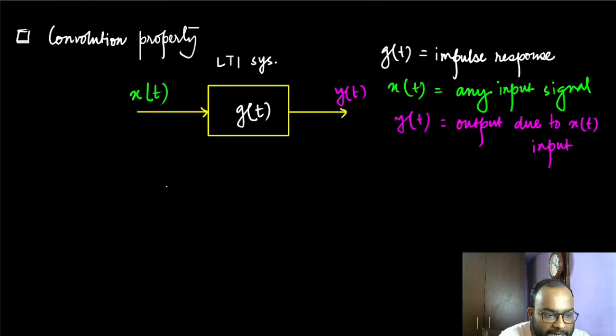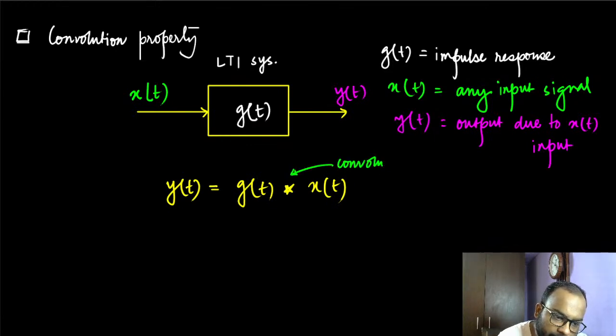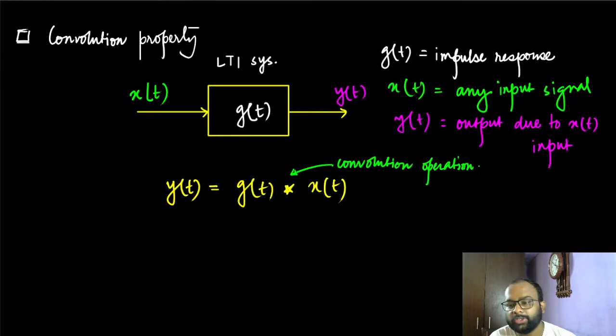The operation that we denote between these two is with a star. This star here indicates that we are convolving g(t) and x(t). That is the convolution operation. Not a problem, I hope.